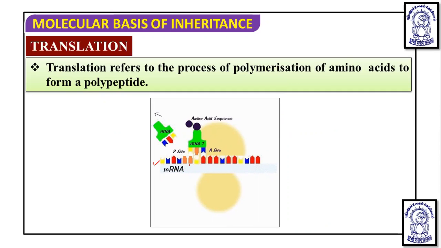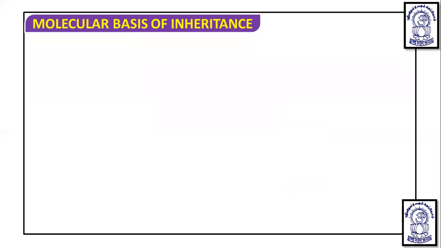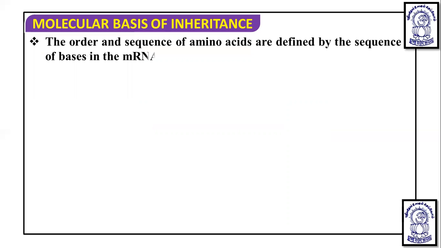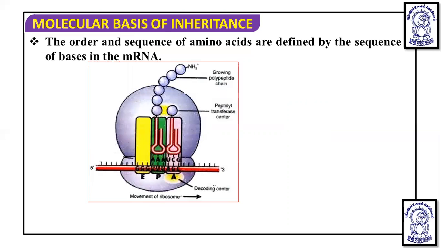Three nucleotides form a codon, and that codon will specify which amino acid is going to be added. Amino acids keep on adding, and between two amino acids there is formation of a peptide bond. Due to the formation of peptide bonds, the chain of amino acids is formed, which will be known as polypeptide.